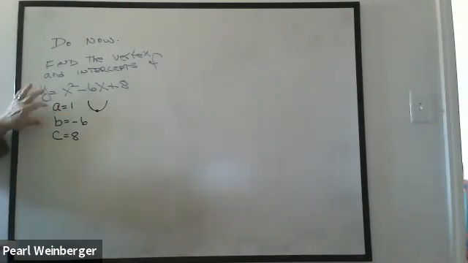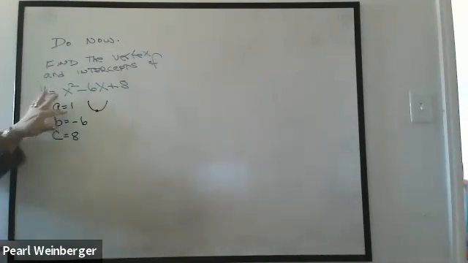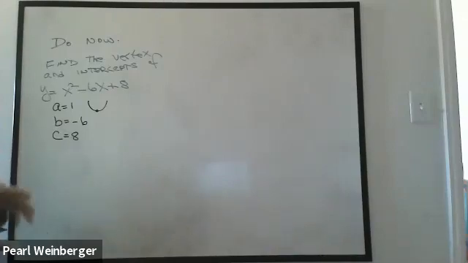Also, if a is 1, it's a regular size parabola. If a is something like a half or -1/2, a number less than 1, the parabola gets wider. If a becomes a bigger number like 2 or -2, a bigger absolute value, then it gets narrower. So we can have a good idea of what this parabola is going to look like even before we start to graph it.